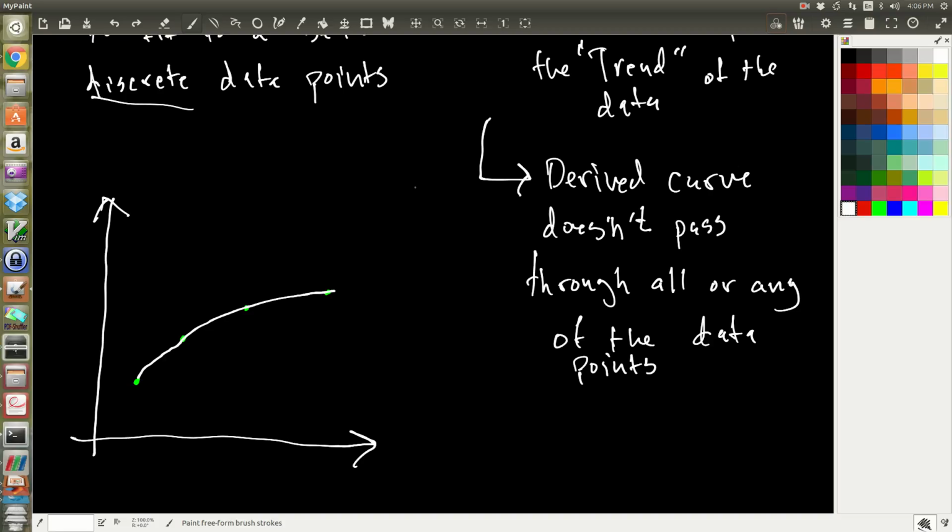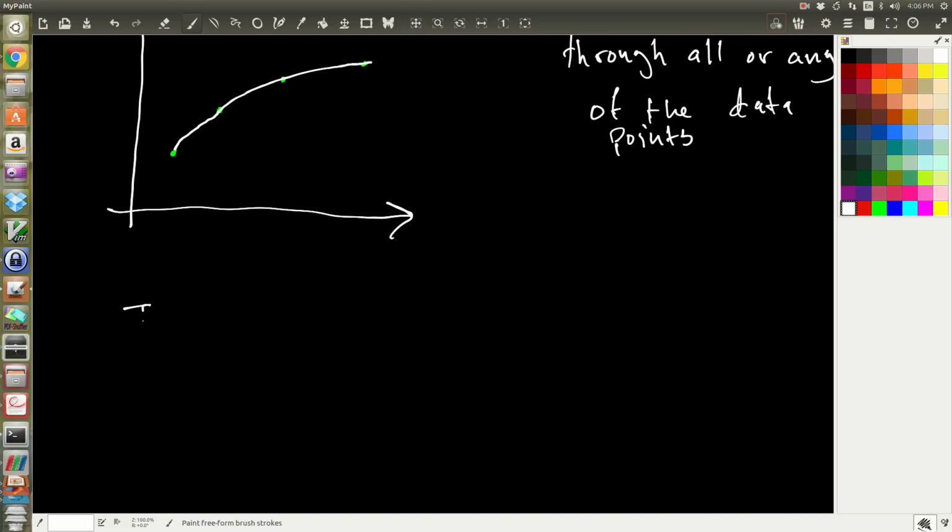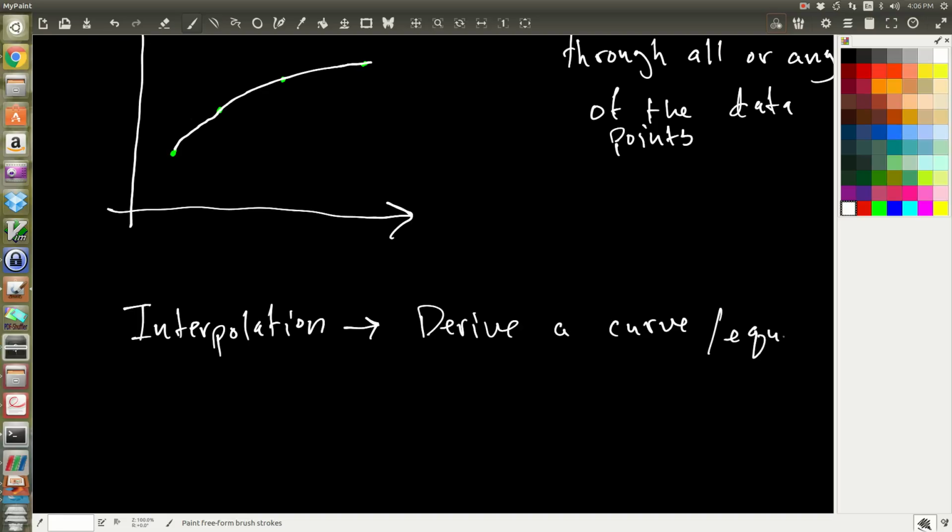So interpolation is where we try to, let's write this down, interpolation. Our objective in interpolation is to derive a curve or an equation that passes through all the data points.